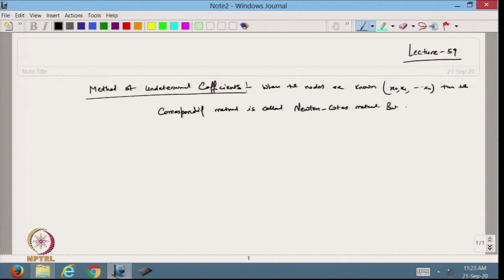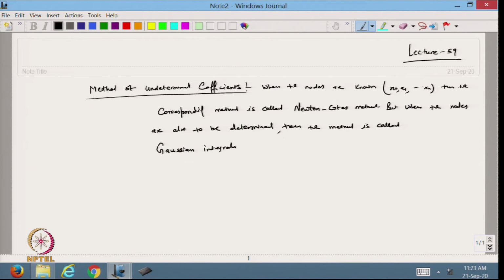But when the nodes are also to be determined, then the method is called Gaussian integration methods.